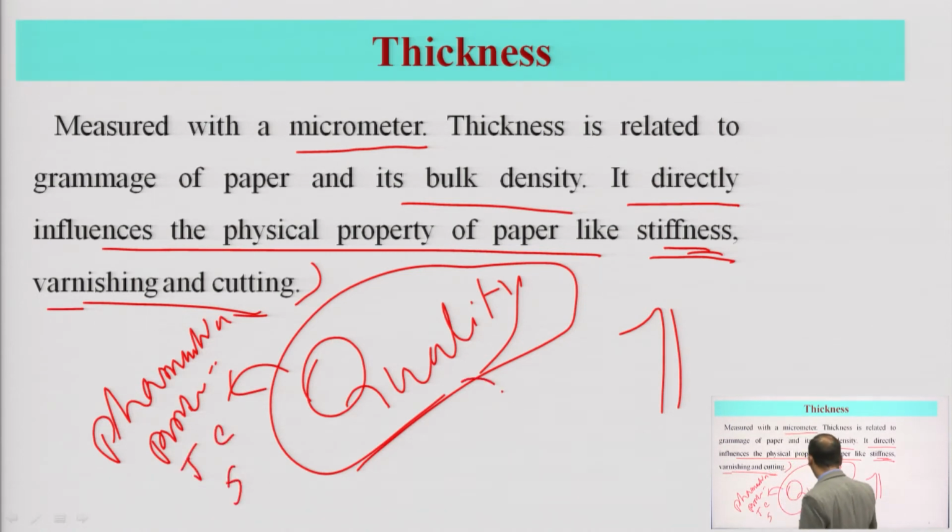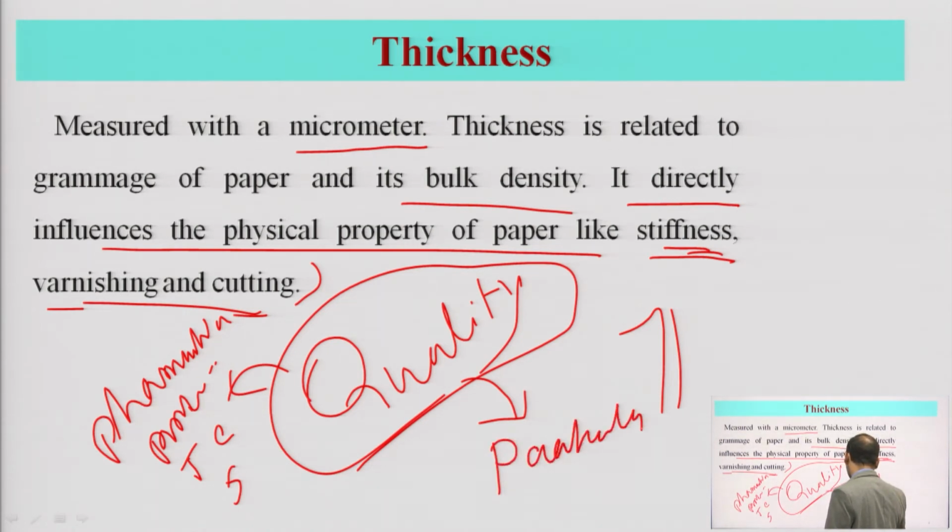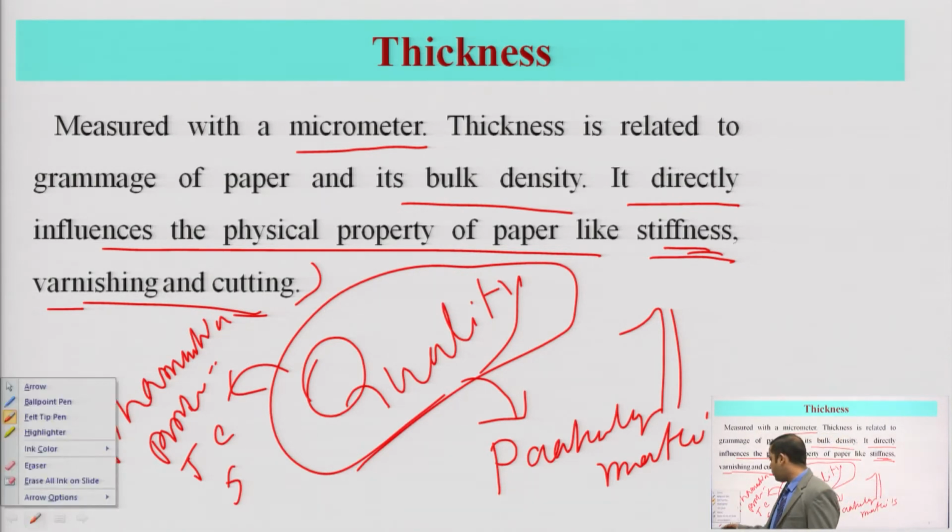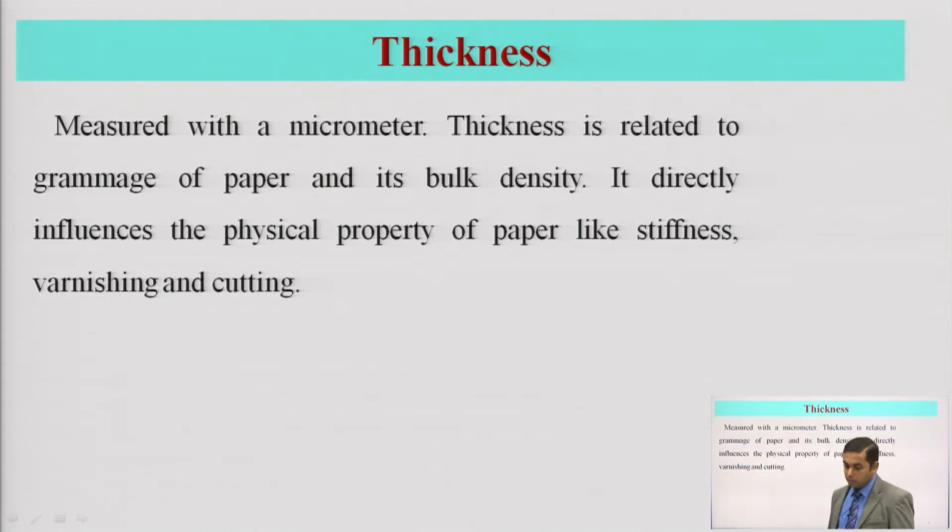Not only this, quality is also associated with the packaging material. So, if you do all such things in a perfect manner, your physical properties like stiffness, varnishing and cutting will be perfect.